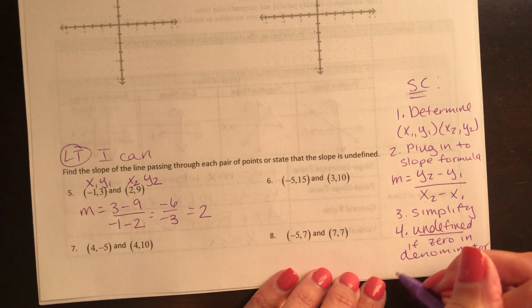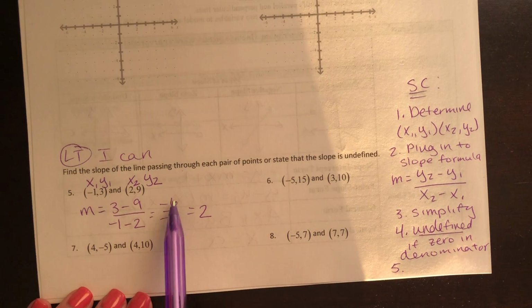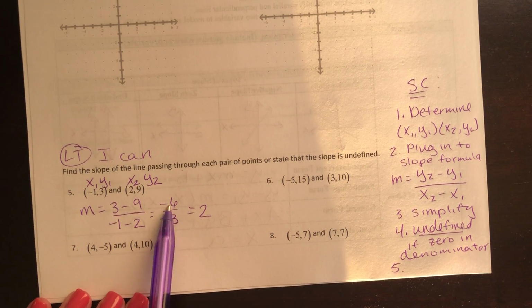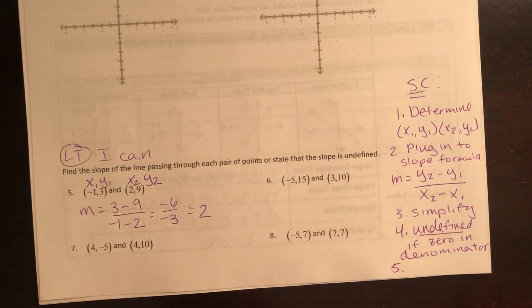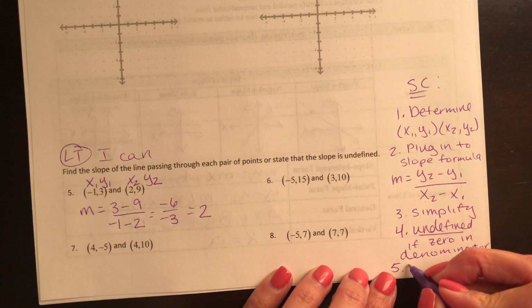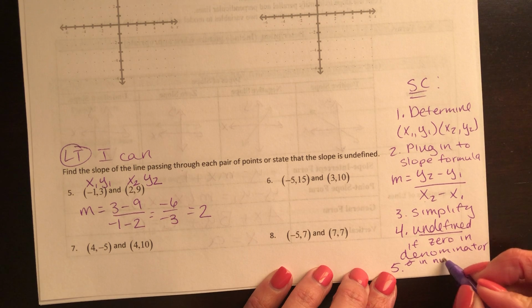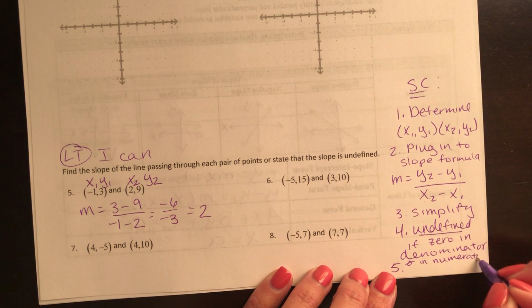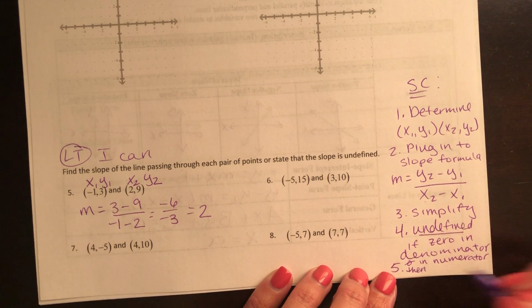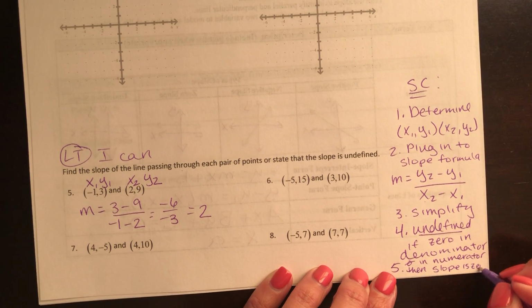Another thing to note is if you have a 0 in the numerator on top, then the slope is just 0. So 0 in numerator, then slope is 0.